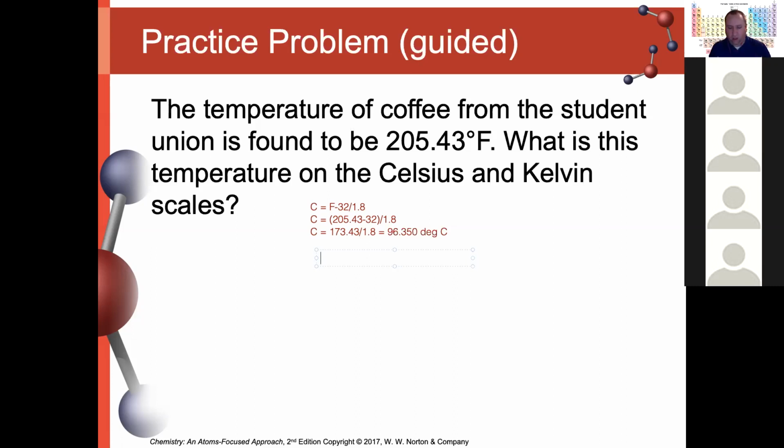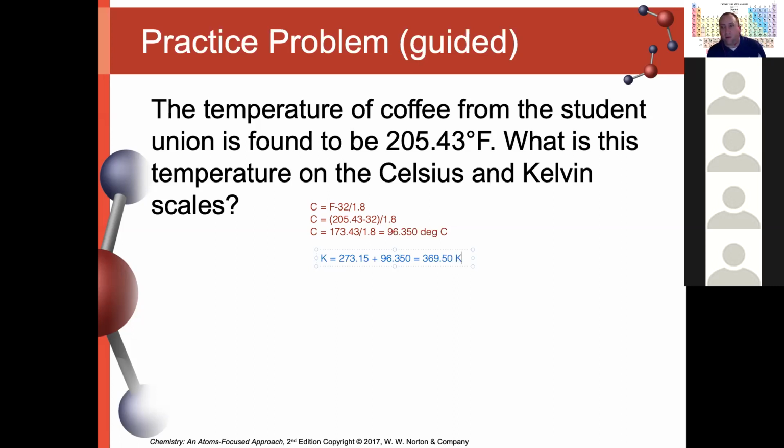Don't change the value of the number, but change the number of digits that represent that value. Okay? Last bit here, because we've got about a minute left. Kelvin is equal to 273.15 plus Celsius, 96.350. And that would give us 369.50 Kelvin.